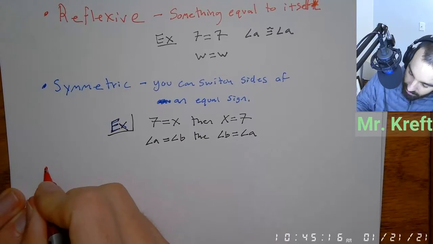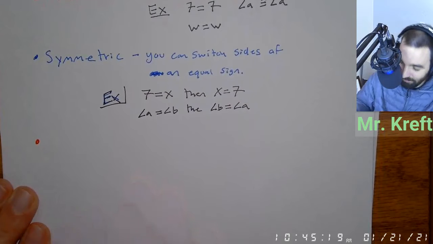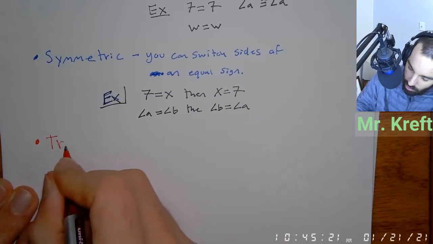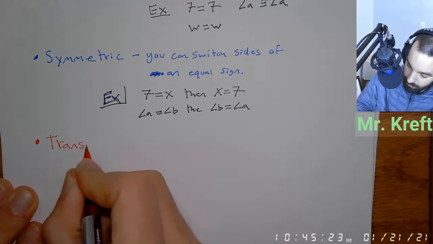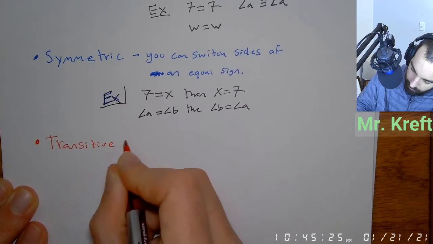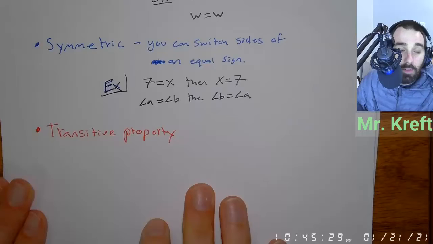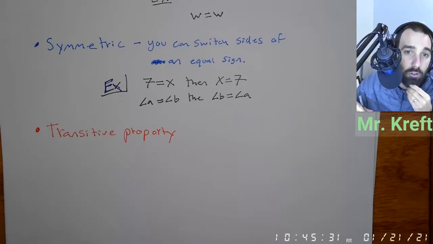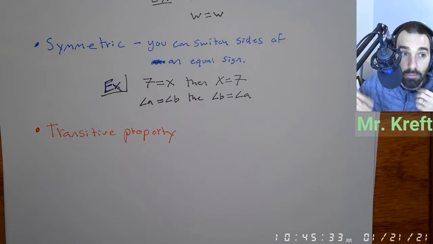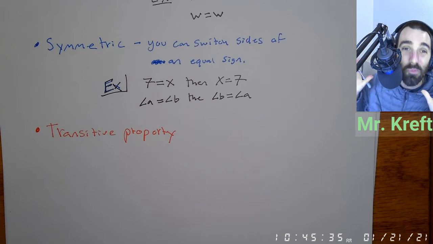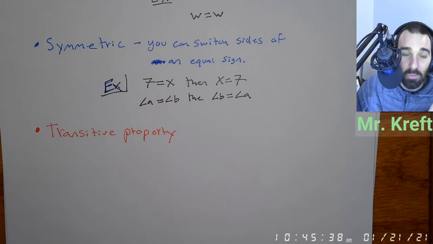Okay. The last one is the most important one. And that is the transitive property. Now, people always get confused about transitive because transitive and the law of syllogism are almost identical.